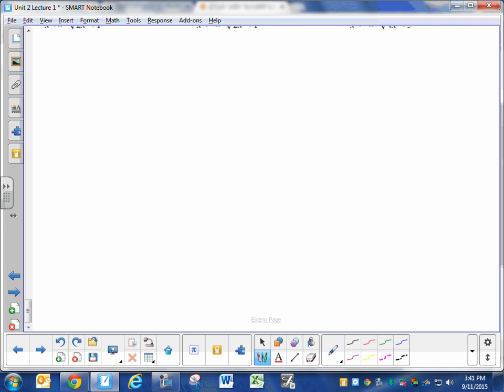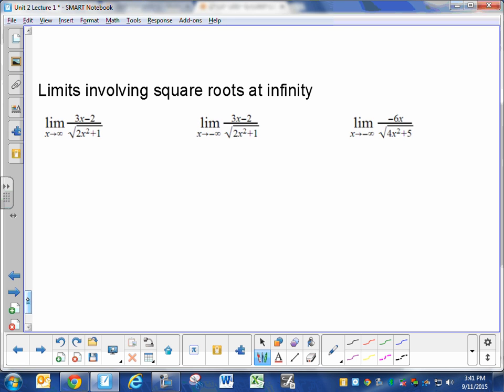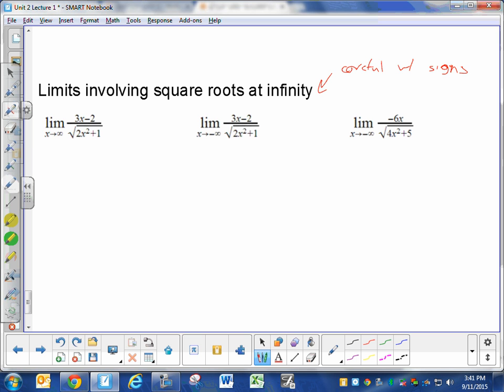We might see square roots. Well, with square roots, you need to be careful about your signs. Okay? Here's how we're going to treat it.